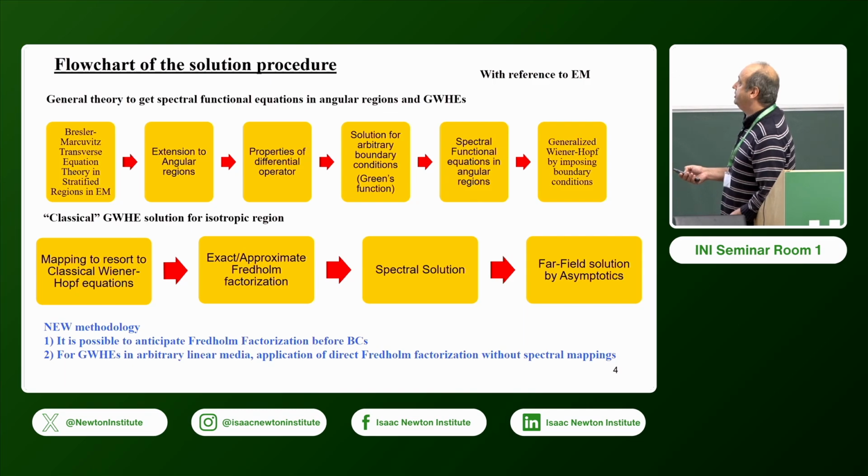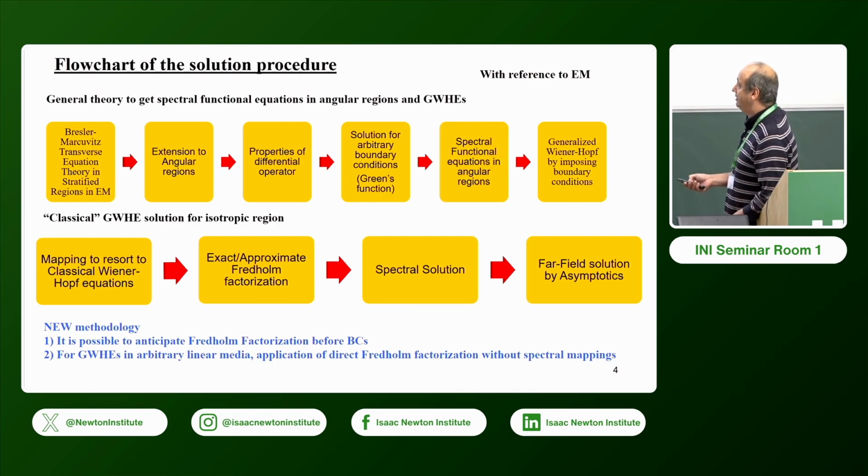We start from a description with Bresler-Marcuvitz transverse equation theory for stratified media. We extend this to the angular region. We observe the properties of the differential operator. We use Green's functions to represent the solution. We get a spectral functional equation in terms of field components on the faces of the angular regions, and then by imposing boundary conditions, we transform these to generalized Wiener-Hopf equations.